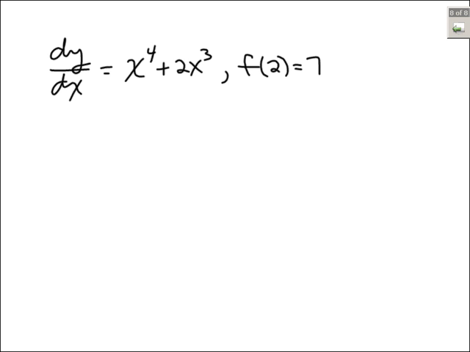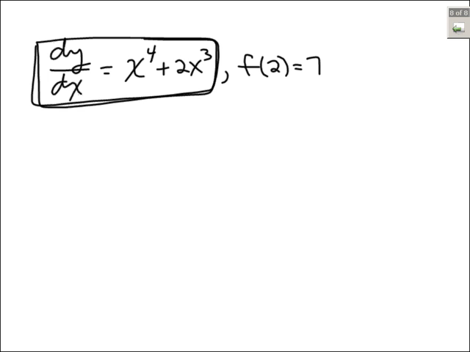Okay. Well, from here, we can get y, or f of x. Remember, another name for y is f of x. We can get f of x, with a constant in it, and then with this information, we can find out what that constant is.